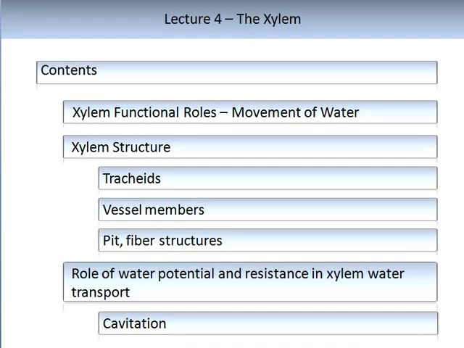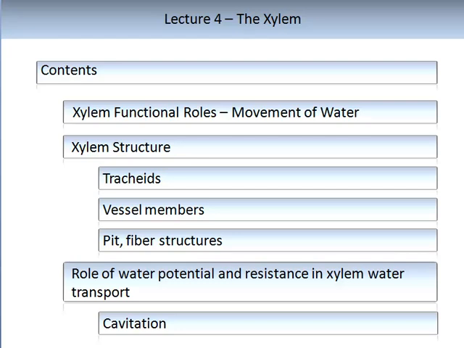We will start this lecture with an overview of the functional roles of the xylem. We will concentrate on the movement of water. In order to understand the movement of water, you need to understand the structure. The structure of a xylem is a very special biological structure.